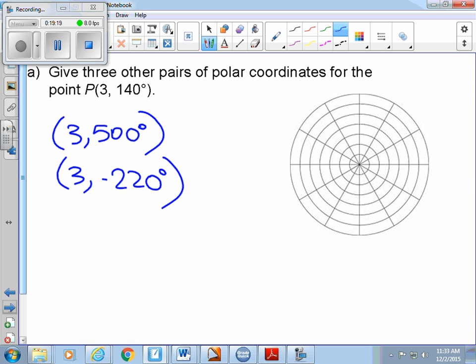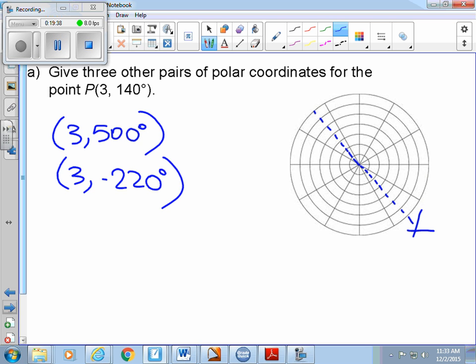Now let's draw a picture to do the next part. 140 is in this quadrant, right? So how can I get back down to this angle?